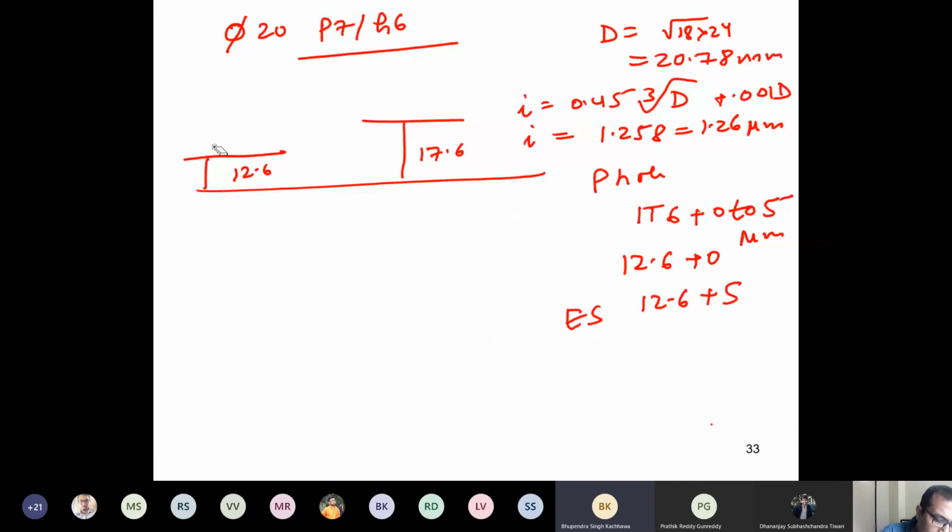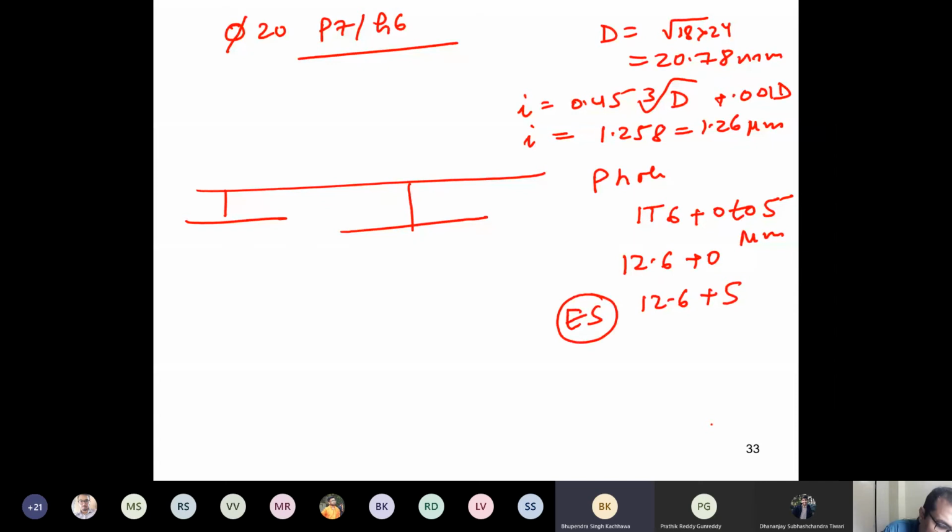So this, where should this come now? This should come here, right? Typically, my hole till H is above and this is below. So this is ES, right? This is ES, which is the upper deviation of the hole.